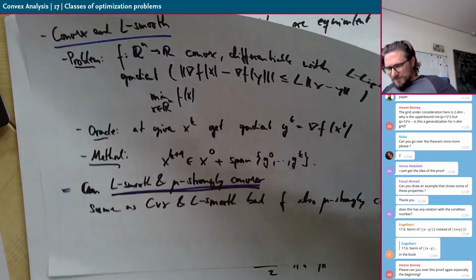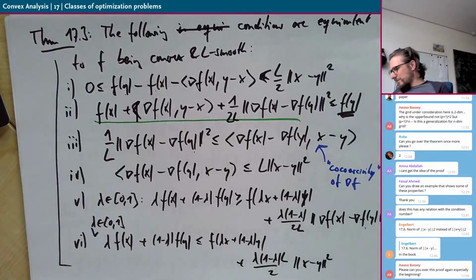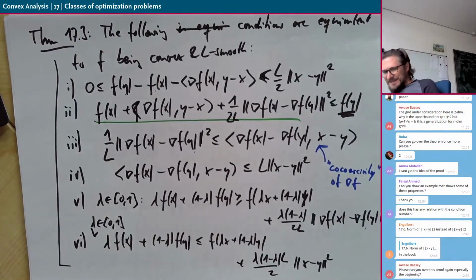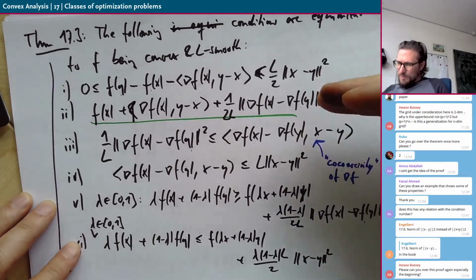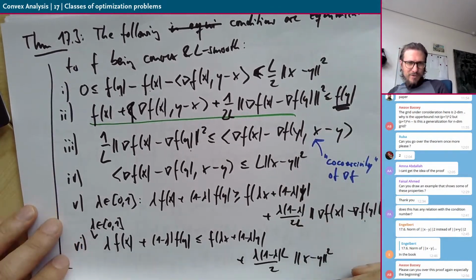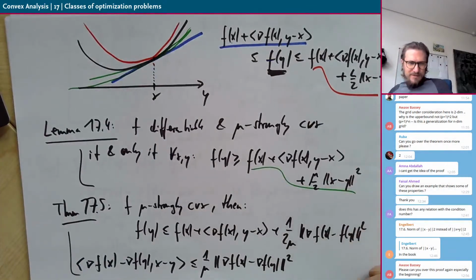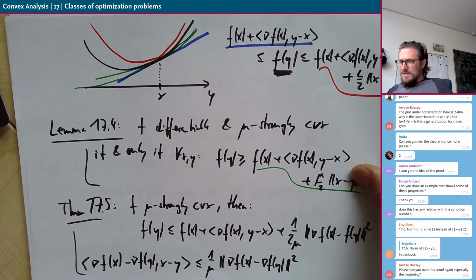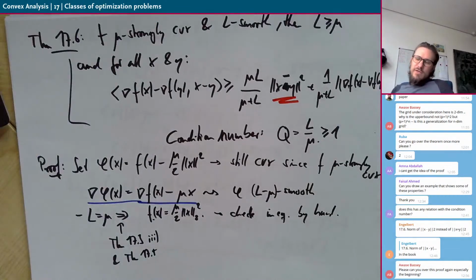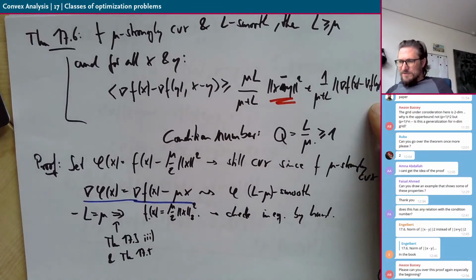And after we introduced this, we just had the collection of all these long statements, a lot of inequalities characterizing convexity and L-smoothness, some more inequalities for mu strongly convex functions, and then one final inequality which holds for functions which are both strongly convex and L-smooth.